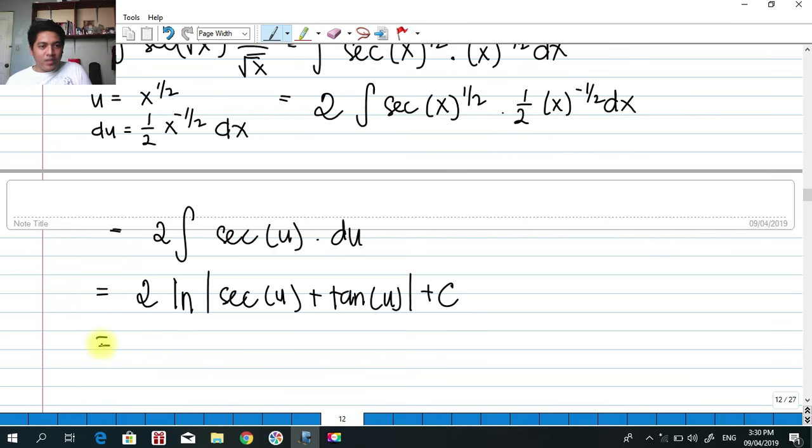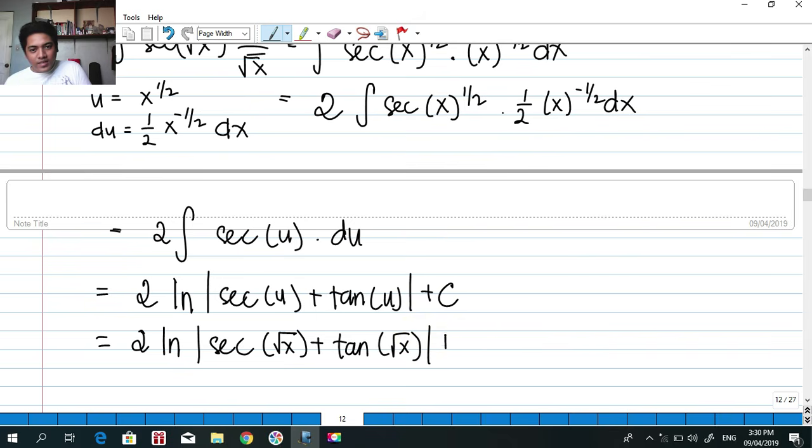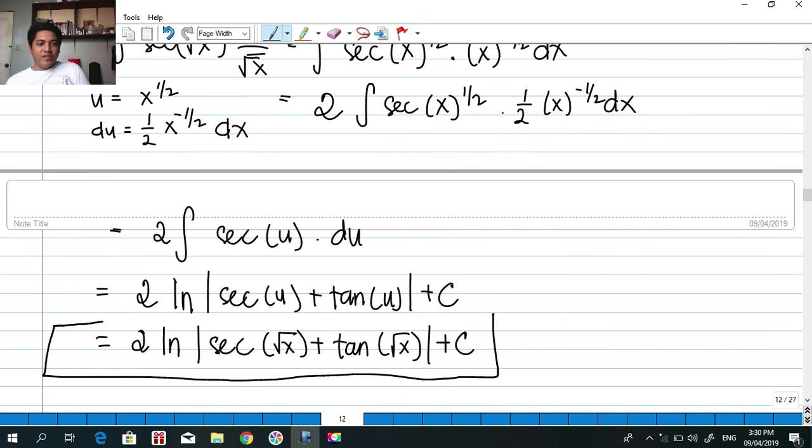Back substituting u, we have 2 ln of the absolute value of secant of square root of x plus tangent of square root of x plus c. And that should be our answer for this integral.